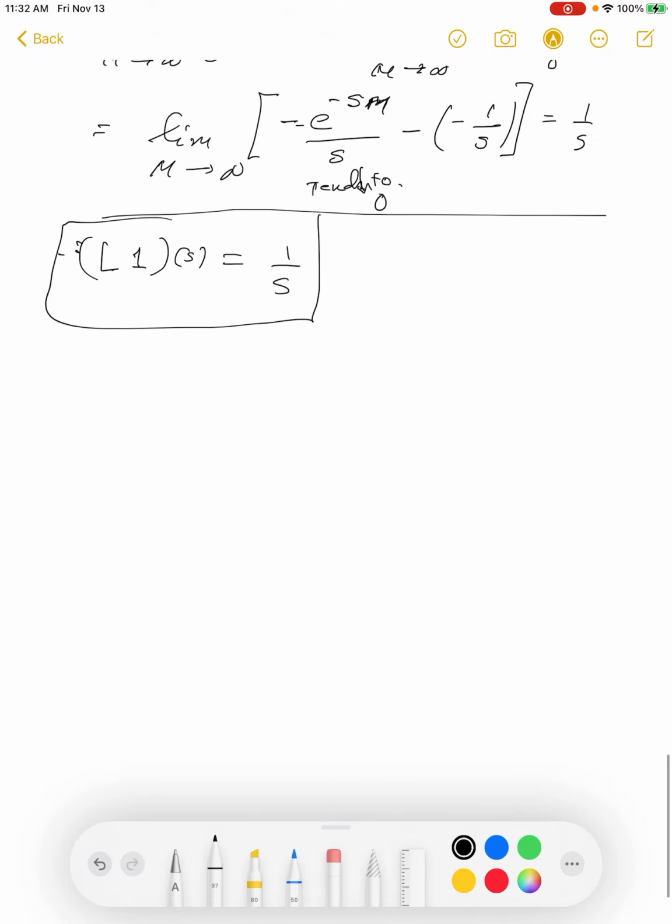So now let's look at the function t. So example 2, let's take f(t) to be t.